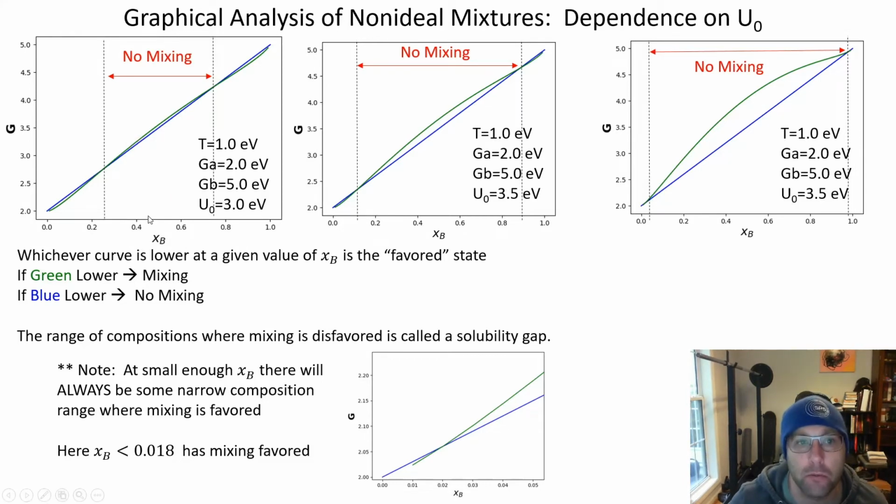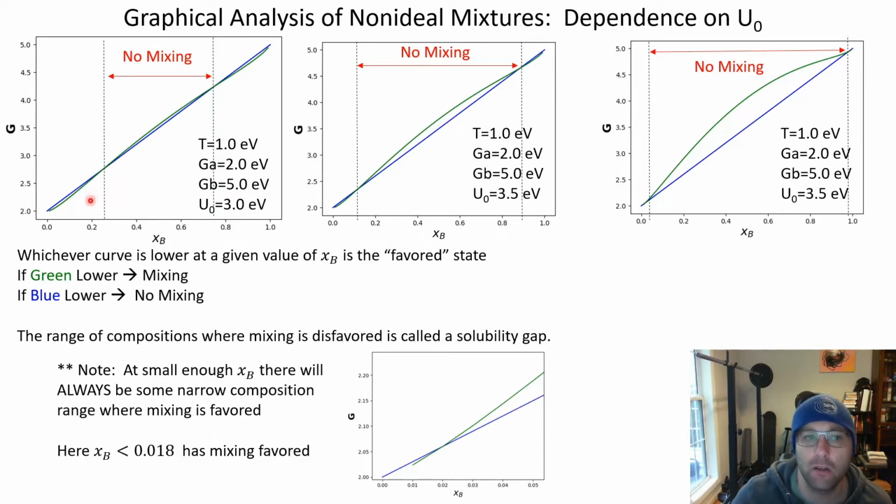And so, for example, if your mean old boss told you to make a solution where the fraction of B was 0.4, right? You would say, sorry, boss, that's not going to mix because the free energy in the mixed state is higher than the free energy in the unmixed state. And that would be true for any composition between these two dashed lines. We would have no mixing under these conditions.